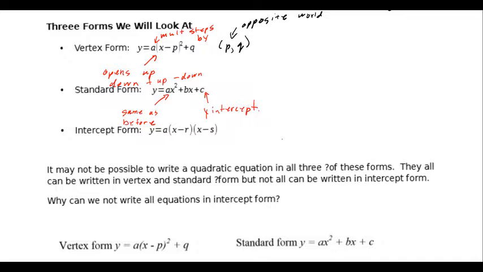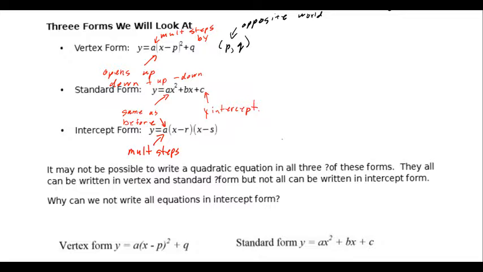Now, you guessed it, for the intercept form, we still have exactly the same a value as before. It basically represents the steps, the multiplication that we use for our steps from the vertex.